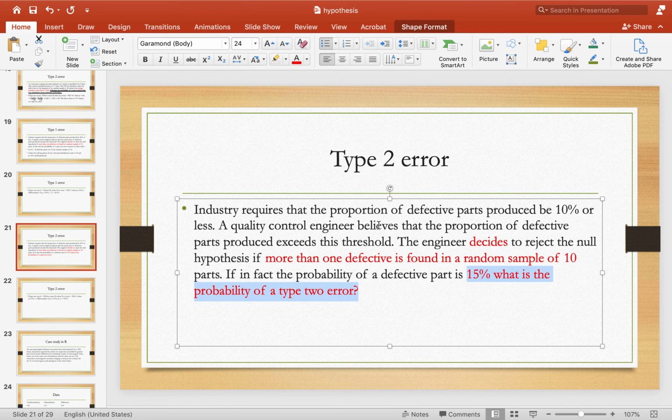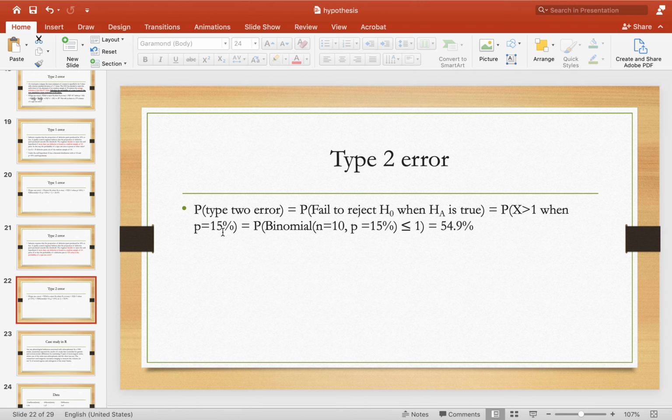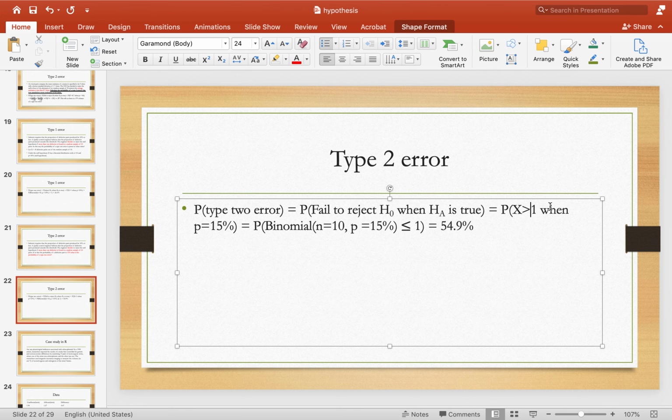And the alternative would be that it's more than 10%. So in this case, we're specifying that the probability defective is 15%. What is the probability of type 2 error? Well, type 2 error means fail to reject H0 when HA is true. Fail to reject H0 means that X is less than or equal to 1.